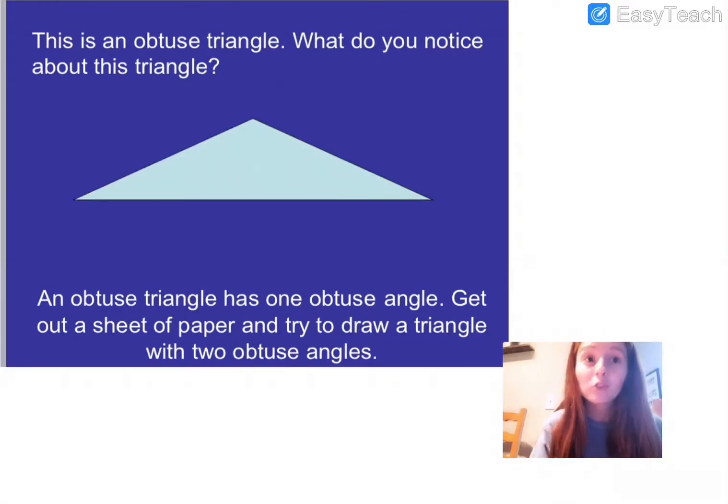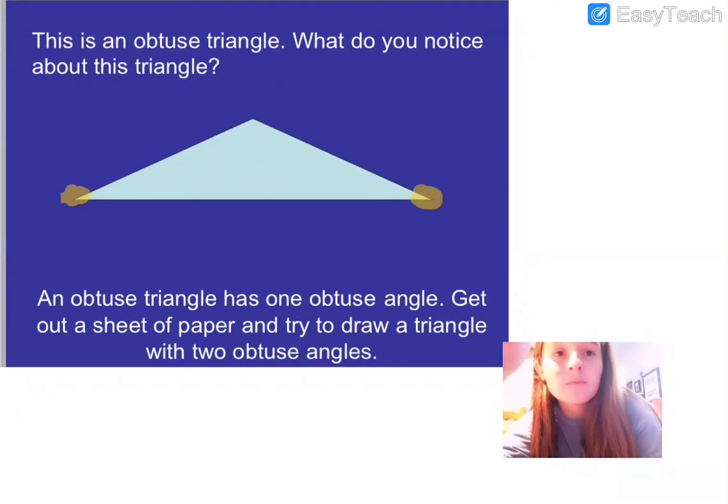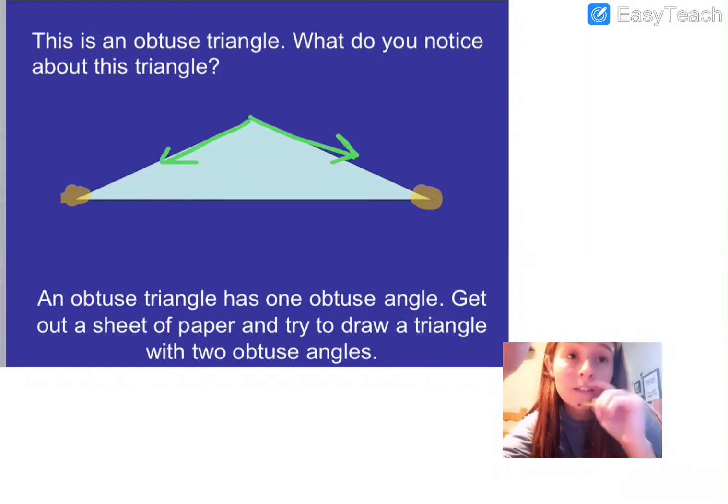Let's look at the next one. Alright, this is an obtuse triangle. What do you notice about this triangle? Well, to me it looks like I do see some small angles right here. But Mrs. Bailey, you said it's an obtuse triangle. Well, the difference between an obtuse triangle and an acute triangle is that an obtuse triangle has at least one obtuse angle. And if you remember, when we talked about our angles, this angle is going to be larger than 90 degrees.